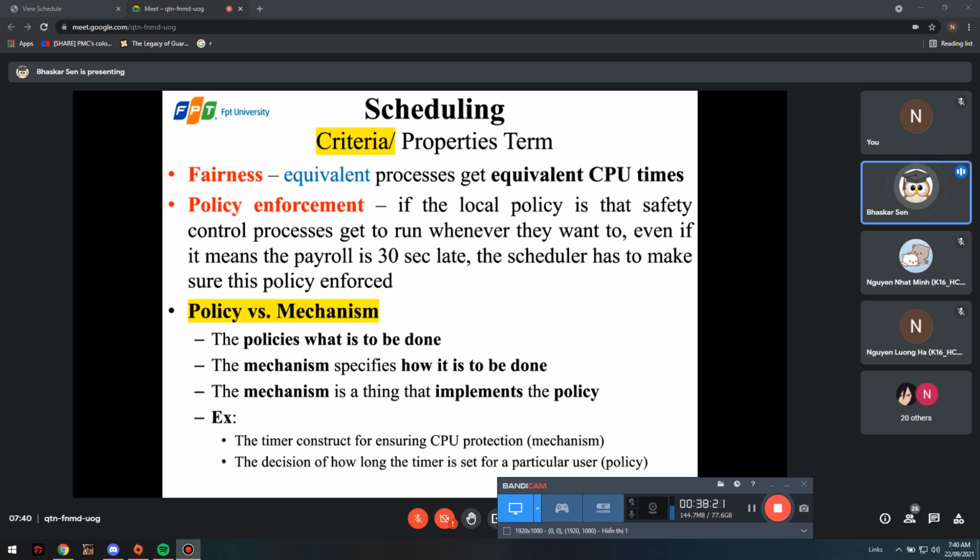Okay, we have three different categories. Just now we mentioned it. The first couple of them, in fact, there are three of them.